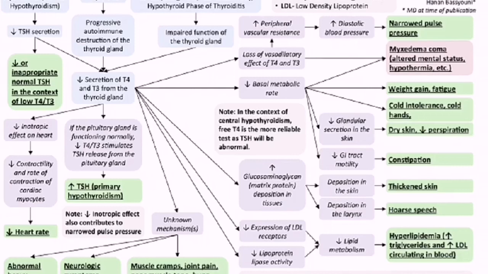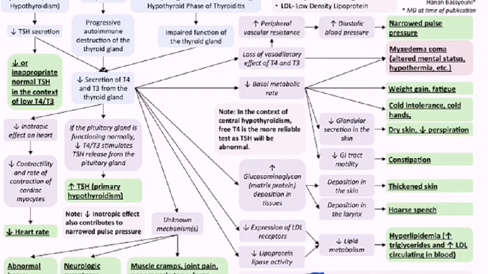It may also decrease expression of the LDL receptor, decrease LDL metabolism, and decrease lipoprotein lipase activity. This affects lipid metabolism, which causes hyperlipidemia, and increases LDL circulating in the blood.